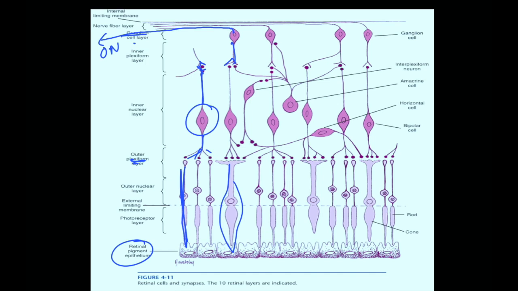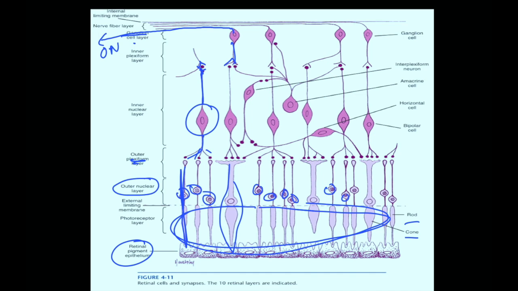So understand, the photoreceptor layer consists of just the bodies of the discs of the photoreceptors. I'll discuss the details in just a minute. The nuclei of the rods and cones form the outer nuclear layer, and the connections between the rods, cones, and the bipolar cells form the outer plexiform layer.